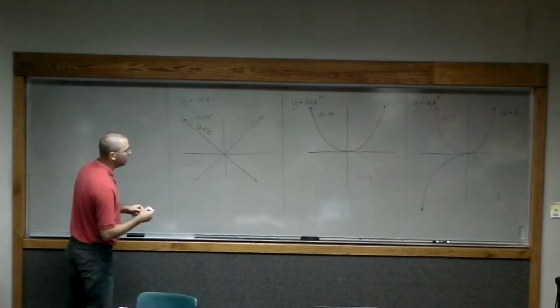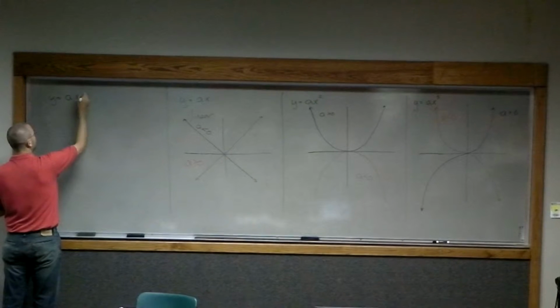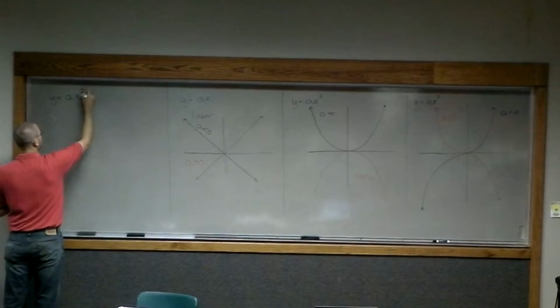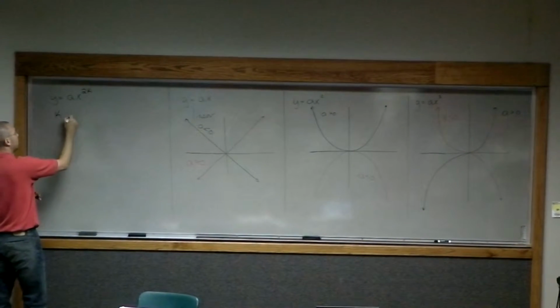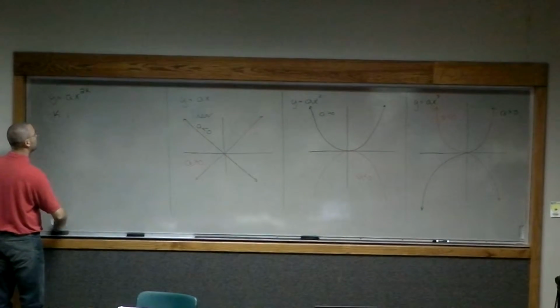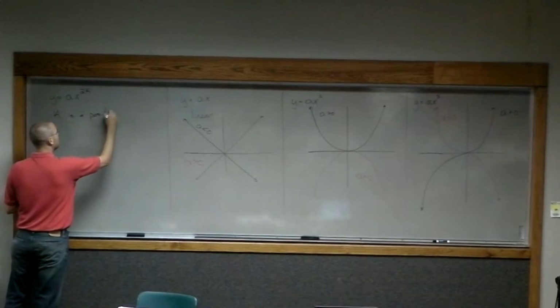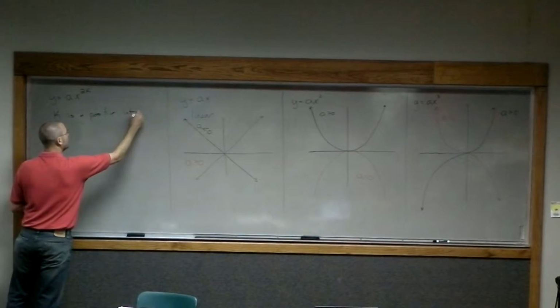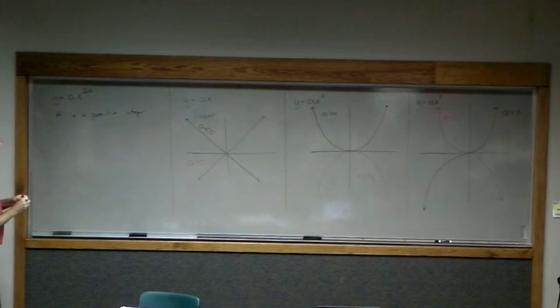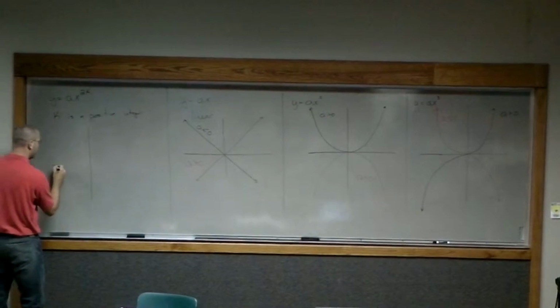Okay? So if we have a graph like y equals ax to the 2k, and again here, k a positive integer, then this graph is going to look a lot like that quadratic graph.